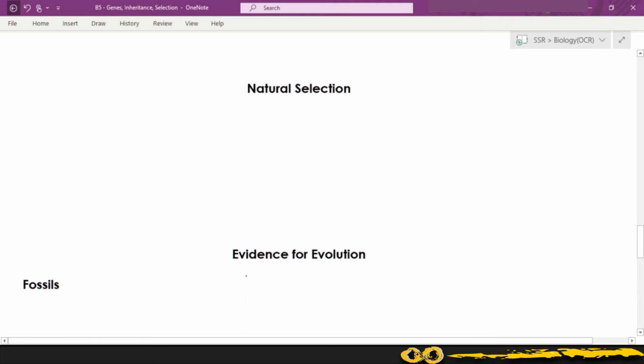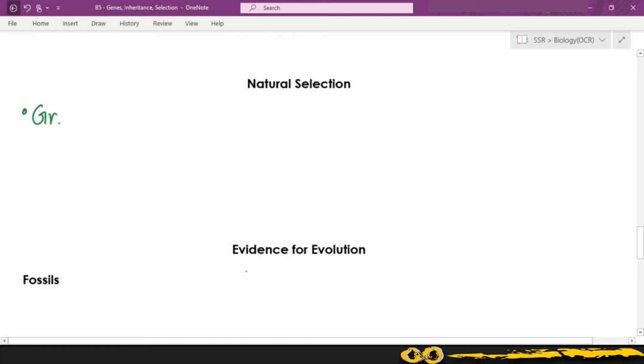What these mutations lead to is the principle of natural selection. And this means that gradually some individuals, those that are best able to survive and reproduce, will be the ones who pass on their genetic material.